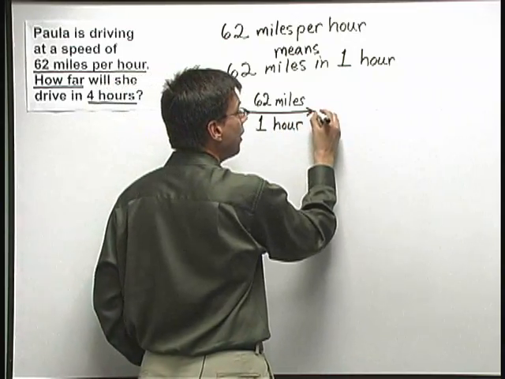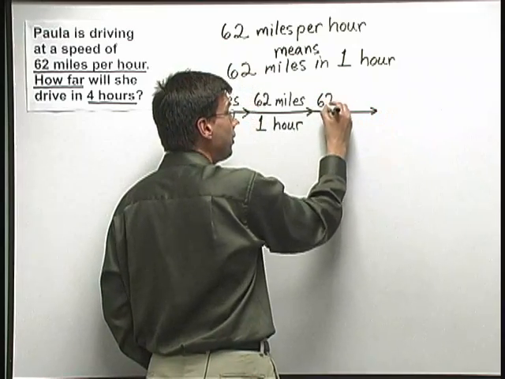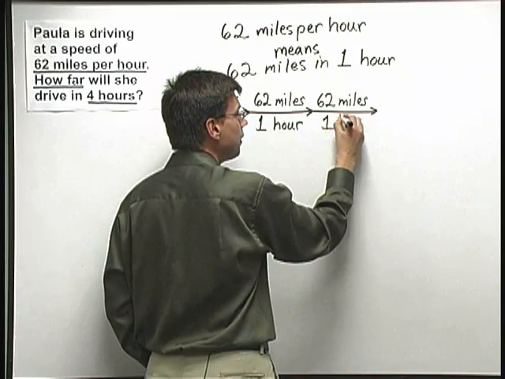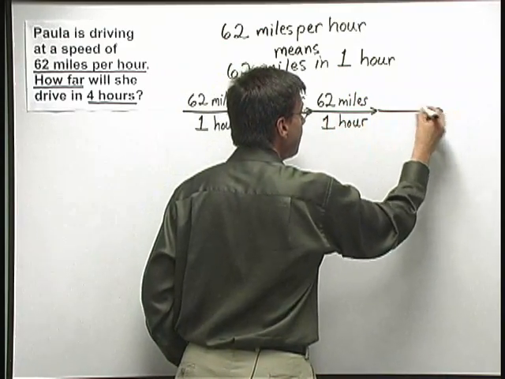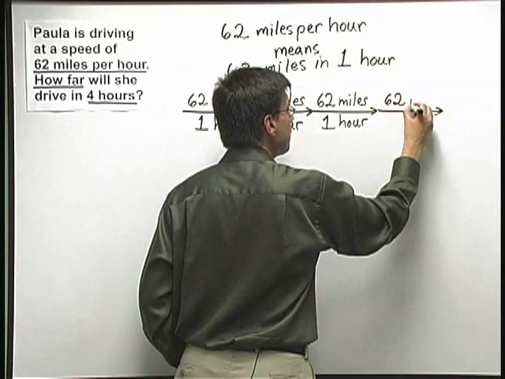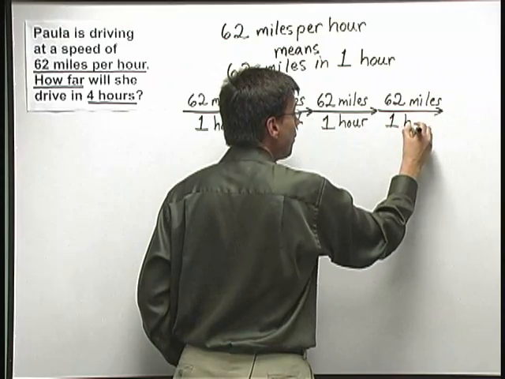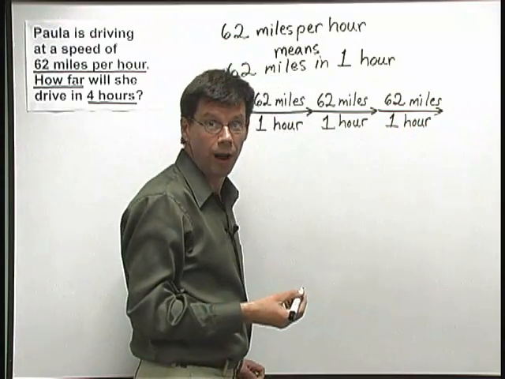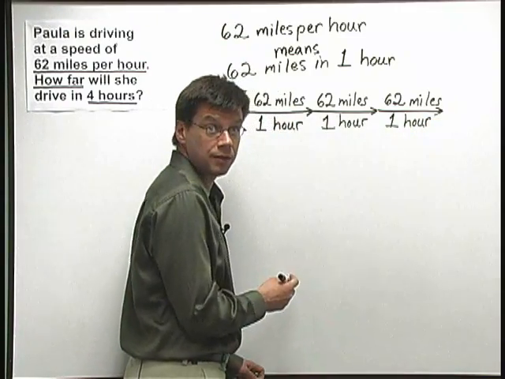She drives another 62 miles in her third hour of travel. And then she drives still another 62 miles in her fourth hour of travel. She's traveling a total of 4 hours, so at this point, her journey is finished.